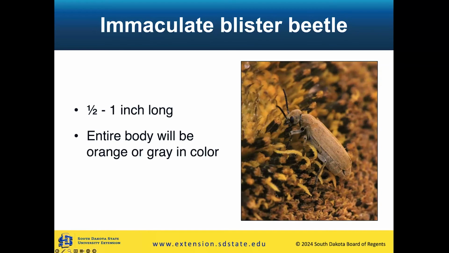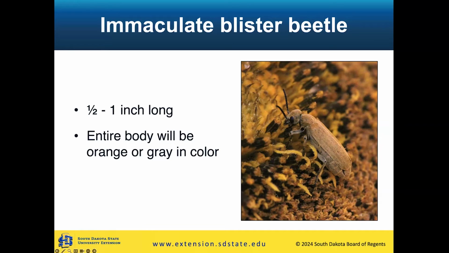The immaculate blister beetle has a couple different color forms. They can be really big, among the largest of the blister beetles that we have, usually 1/2 to an inch long. They can be gray or this kind of orange color. And I often see these on sunflowers.